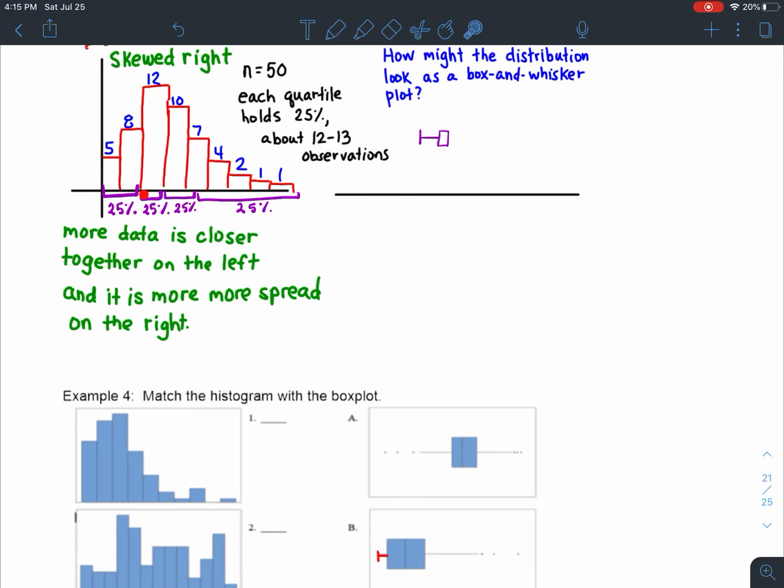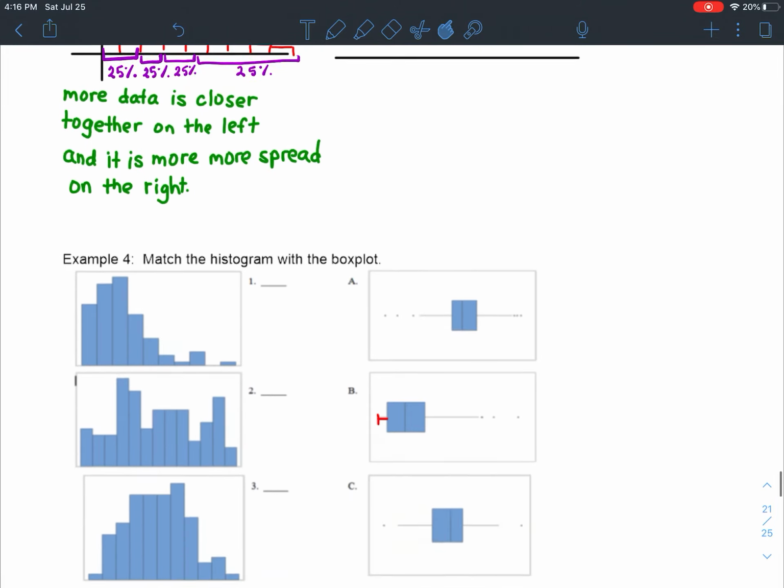Okay, the next 25% maybe is roughly about the same width as that. So we'll make this side of the box maybe here about the same width as that. But then look at this last 25% of data. It took a long time to get that last 12, 13 observations stretched out. So that's where maybe that whisker is a little bit longer.